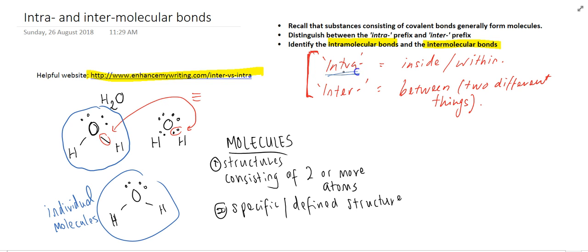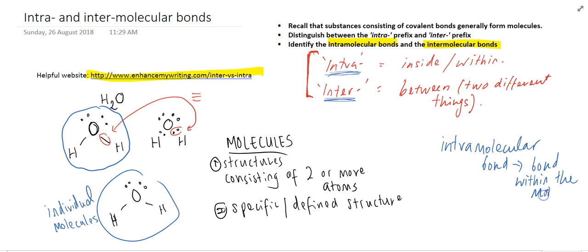Okay, so now that we've singled out what the individual molecules are, we can start to talk about them in terms of these prefixes: intramolecular bonds, so bonds within the molecule, and intermolecular bonds, bonds between molecules. So an intramolecular bond is a bond within the molecule. Now, if you have a look at the water molecules that I've drawn and you look within the molecules, what bonds do we see?